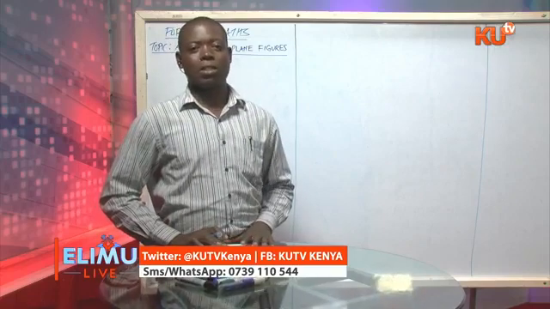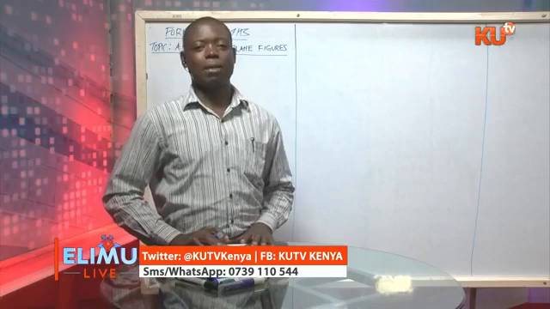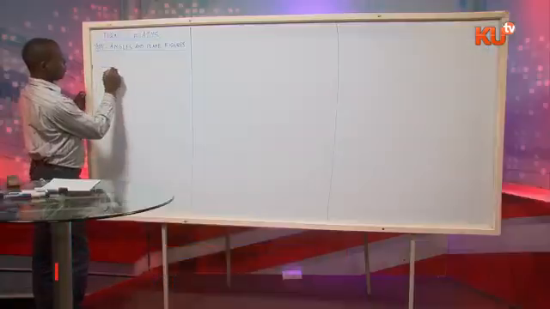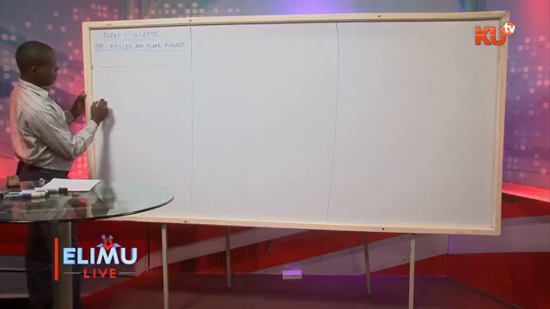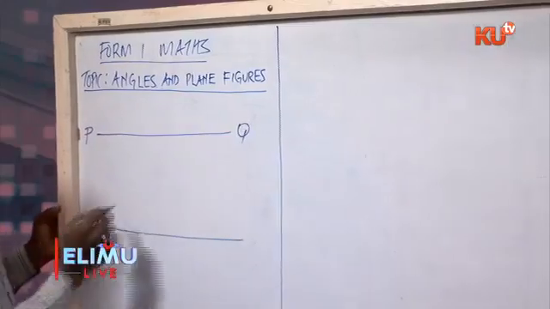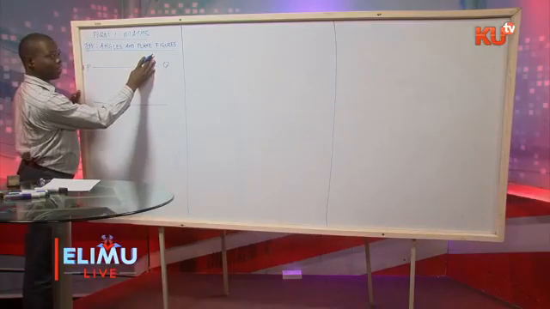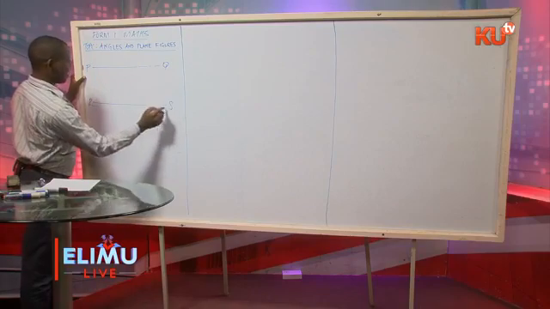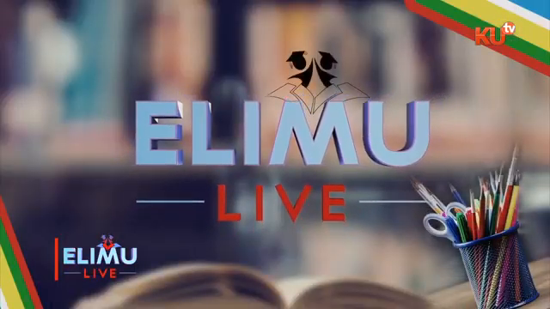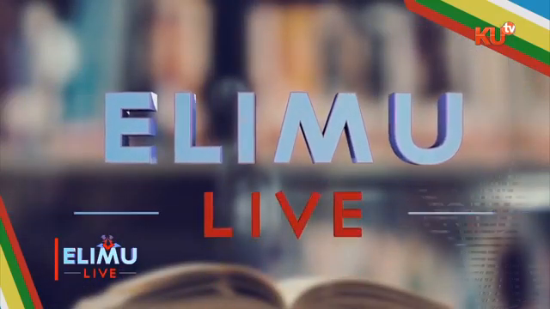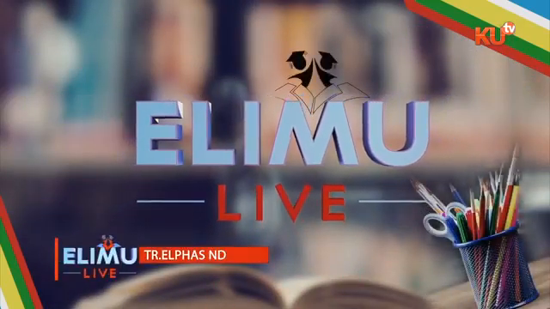And so these lines, when we draw them, we have something that we call a crossing line. For example, if I have the line PQ and the line RS, these two lines are parallel to each other.